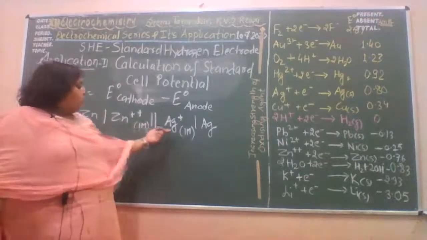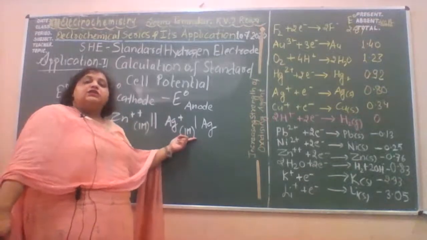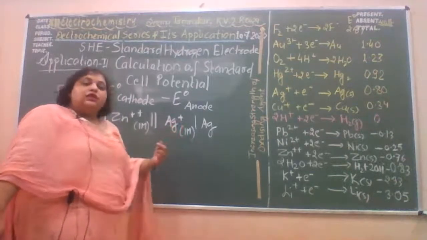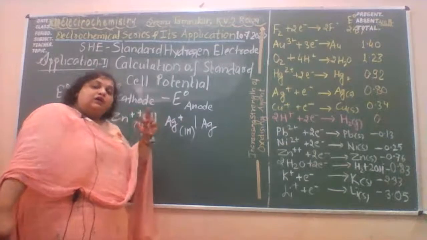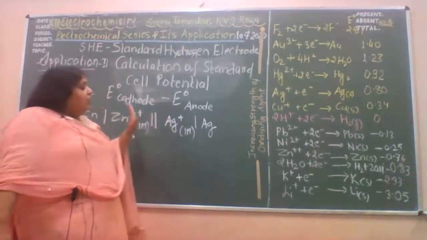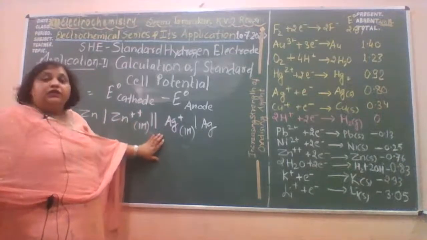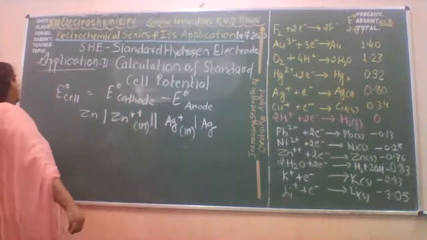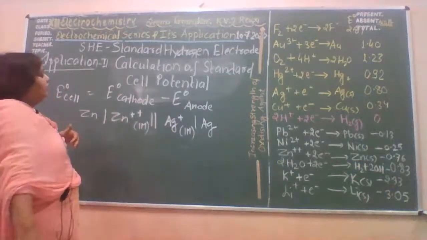If this concentration is not 1 molar, in that case you must need the Nernst equation, and this is the application of the Nernst equation. But whenever the standard electrode potential is given, directly the calculation of the electrode potential can be done.